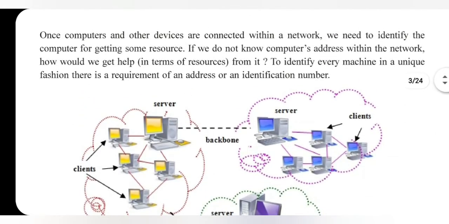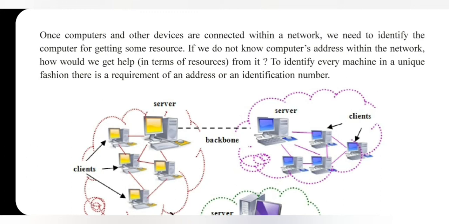Once the computers and other devices are connected within a network, we need to identify the computer to get the resources. If you do not know the computer's address within the network, how would we get help from it? If you don't know the computer address, then you cannot transfer the data. So to identify every machine in a unique fashion, there is a requirement of an address or identification number.